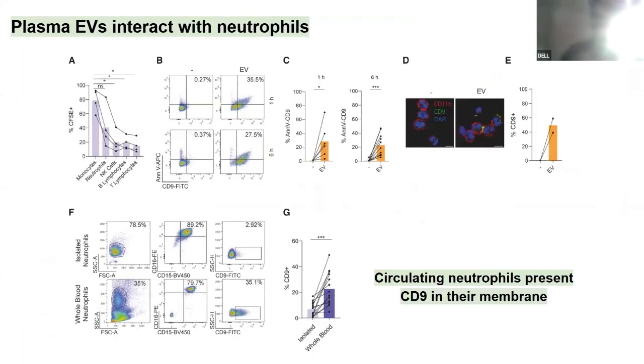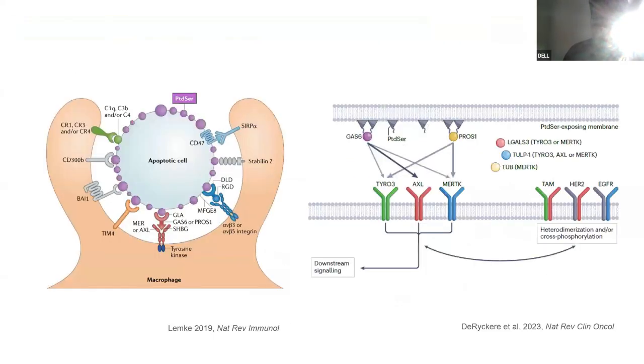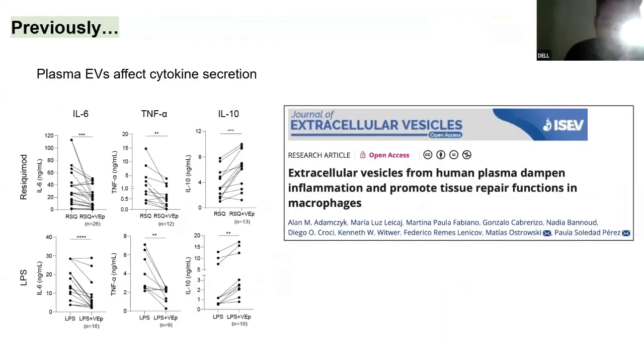So let me get to the phosphorylation of MERTK, the question. That's right. We showed here the EV medium or EV high dose, but we also have an EV low dose. We decided by also previous work that is here.